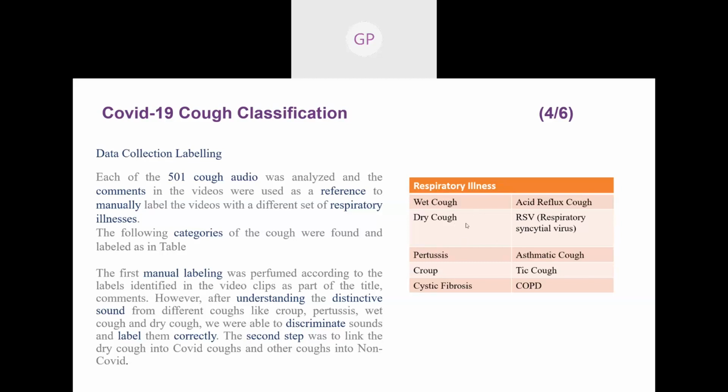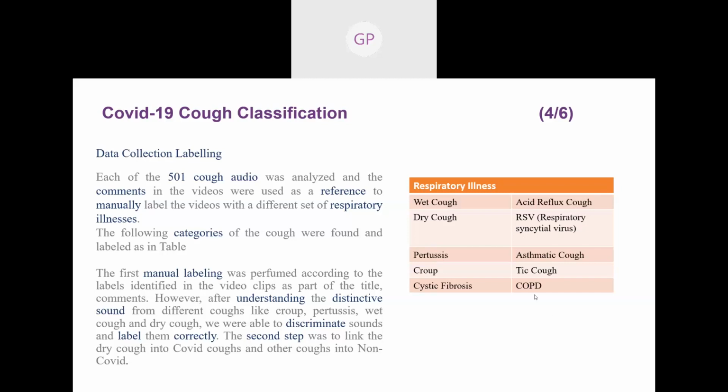Then there is dry cough, which can be due to a throat infection or something that is irritating the throat and not really a lung disease. Then there is acid reflux cough, which resolves on its own. Then there is RSV, respiratory syncytial virus, asthmatic cough, pertussis, croup, cystic fibrosis, and COPD.